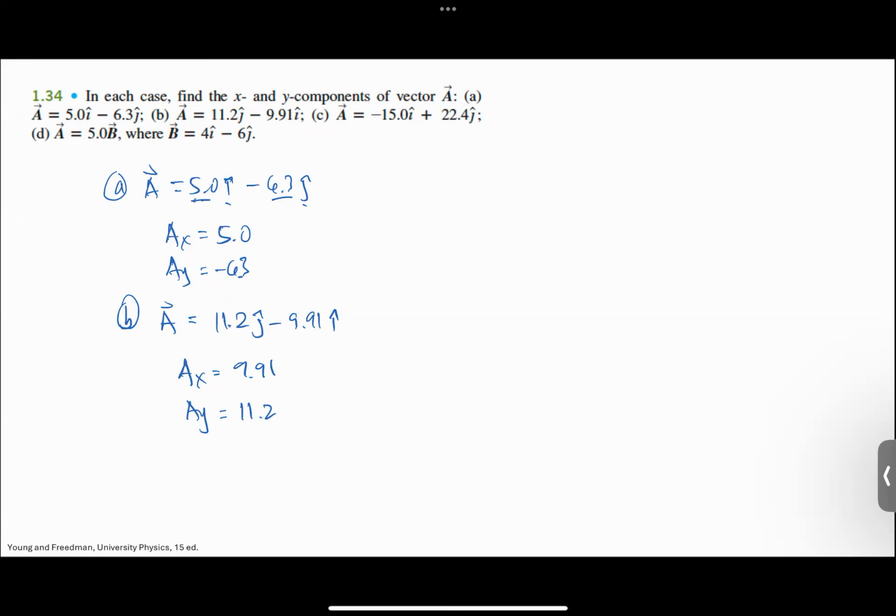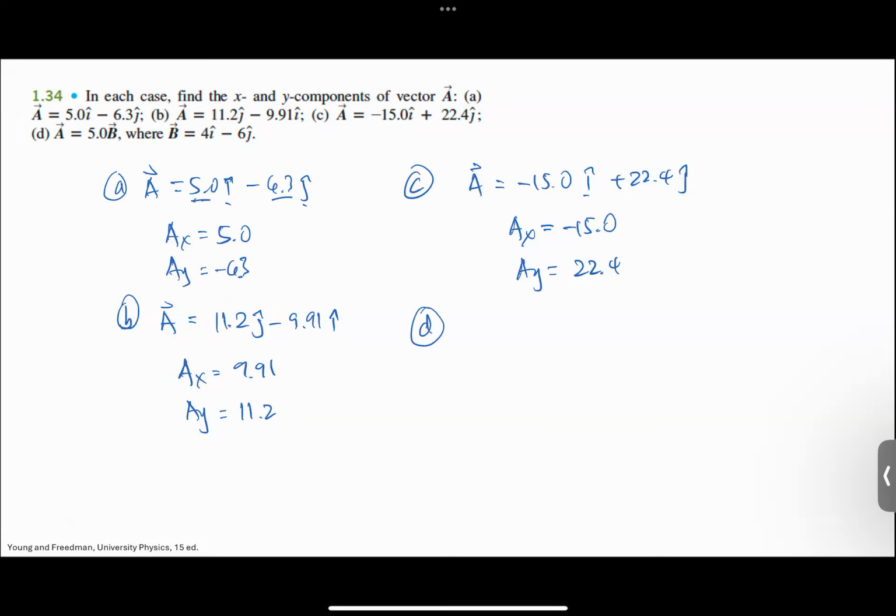Sa letter C, ang A ay sinusulat as negative 15.0 I hat plus 22.4 J hat. So AX is negative 15.0 and AY is 22.4, again, dahil coefficient sila ng I hat at saka J hat respectively.